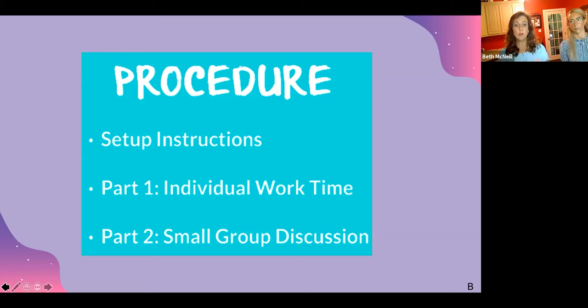You could put them in groups of 3 or 4 and they could discuss their answers. And then we'll show you a third opportunity to incorporate the kinesthetic aspect where students actually get up and move.